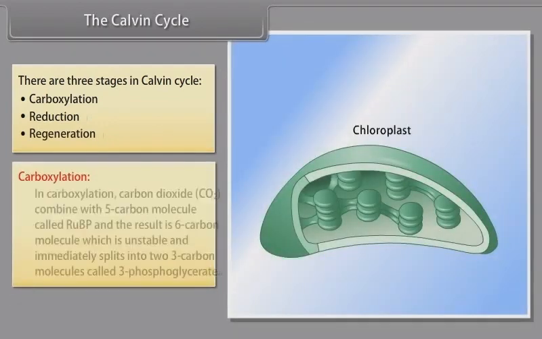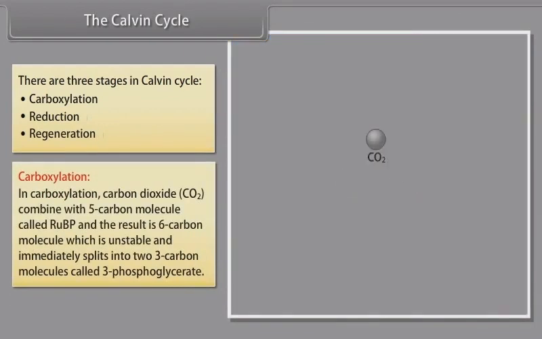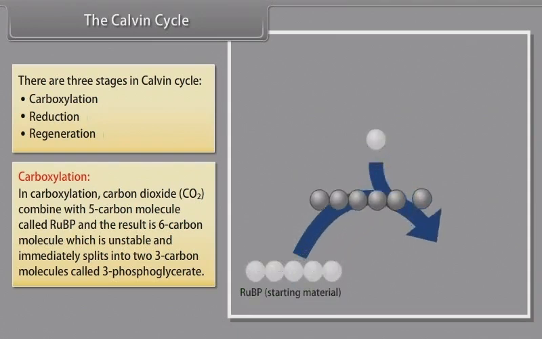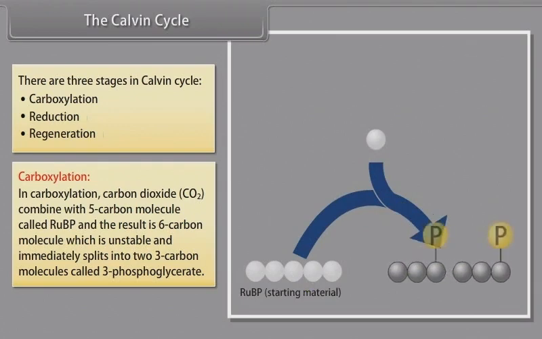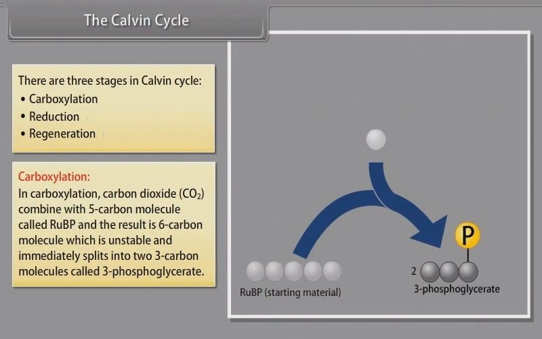Carboxylation. In carboxylation, carbon dioxide, CO2, combines with the 5-carbon molecule called RuBP, and the result is a 6-carbon molecule which is unstable and immediately splits into 2 3-carbon molecules called 3-phosphoglycerate.